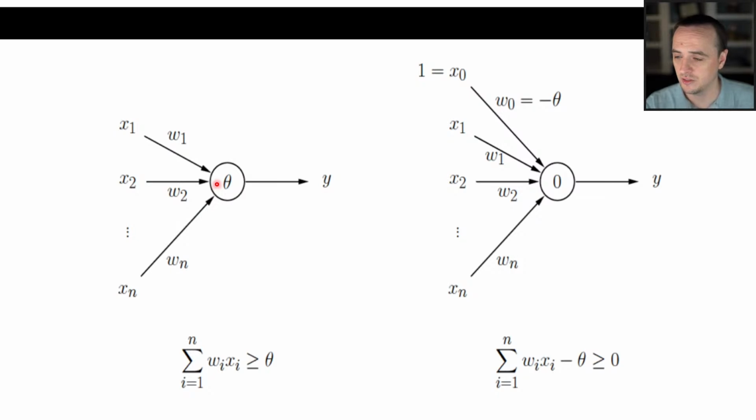Instead of doing it this way, we can do the following. We can get rid of having different thresholds by putting an extra bias neuron here and setting the weight of that bias neuron to negative theta. So down here we have the exact same function, but it's represented in a different way.